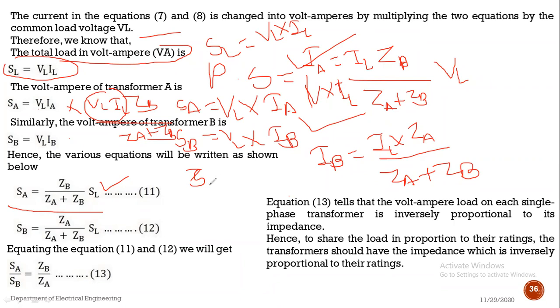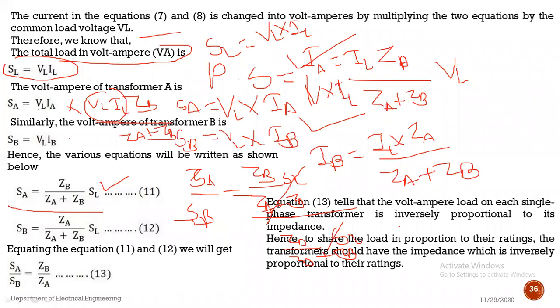So what will happen, SA divided by SB is equals to ZB divided by ZA plus ZB into SL, divided by ZA divided by ZA plus ZB into SL. SL and this SL get cancel. Denominator ची term पण काय होईल, cancel होईल.